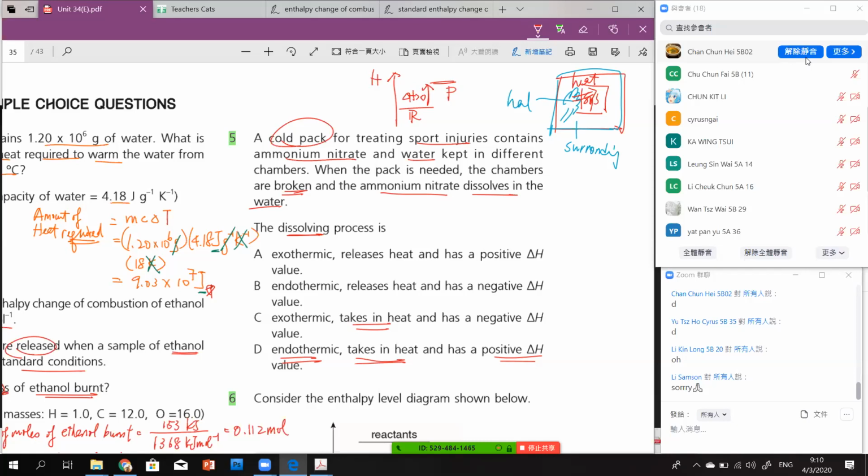So you may find that the solution of a substance is endothermic. Is this statement correct? Leighton, tell me, is this statement correct? That the solution of a substance, of any substance, is endothermic?